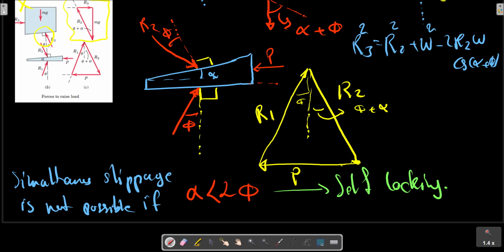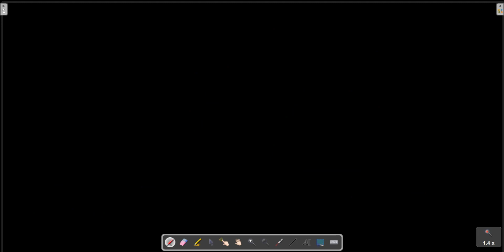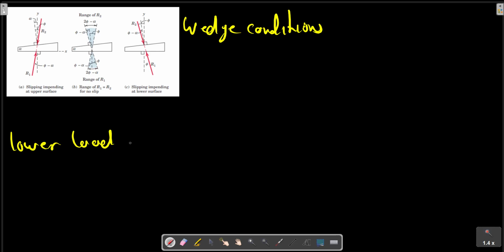The free body diagram and the vector polygons for this condition are shown in the pictures provided here for the various conditions, and for the lower load required.